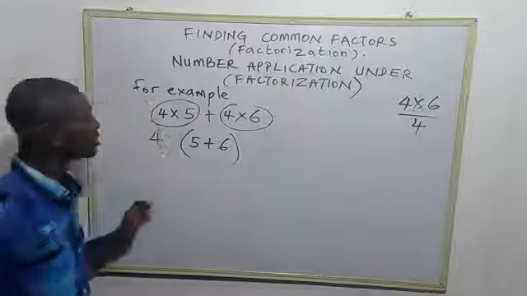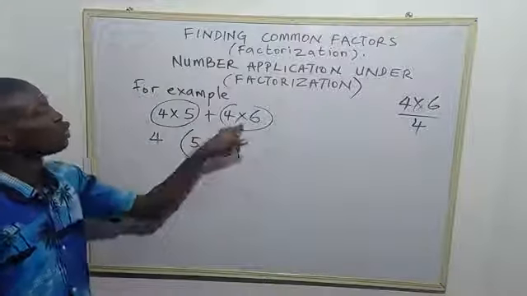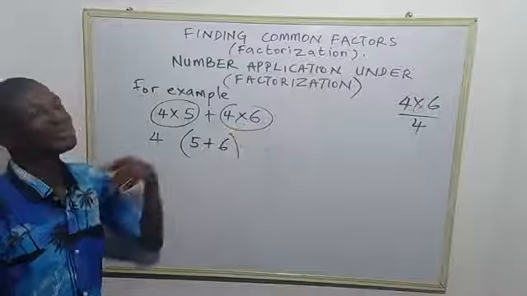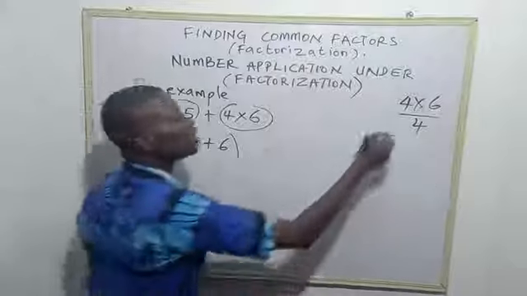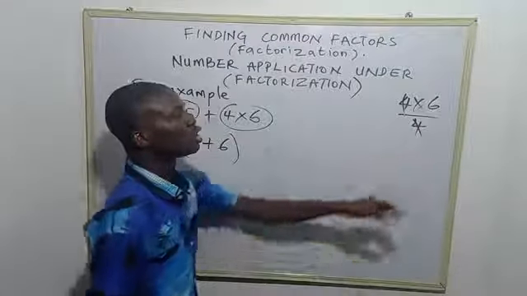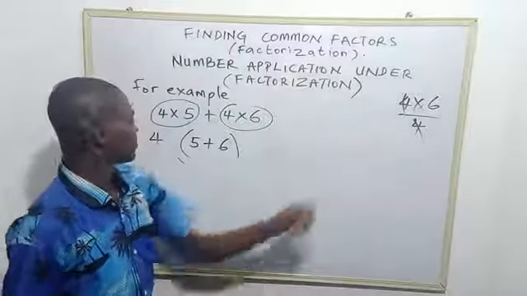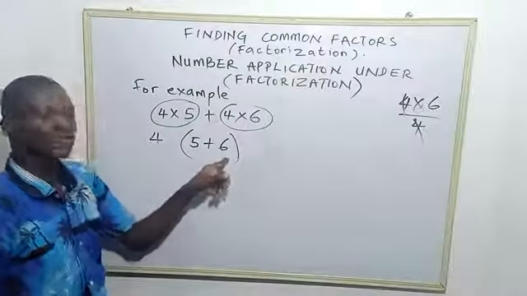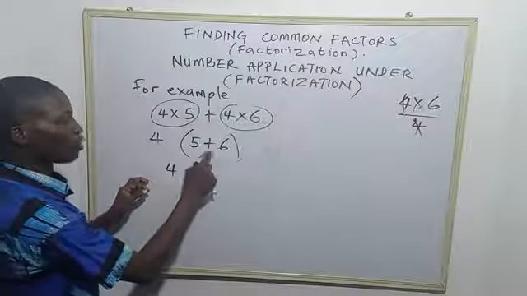That's what I mean by leaving that. I have been applying the division method. This one cuts this one, and 6 is what we have left. I believe that's clear. So you'll be having 4, 5 plus 6.